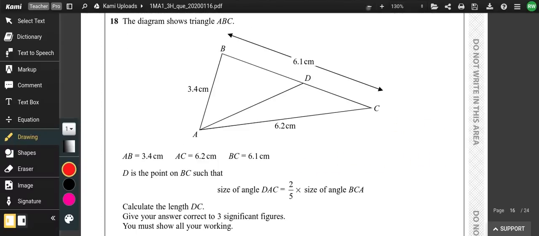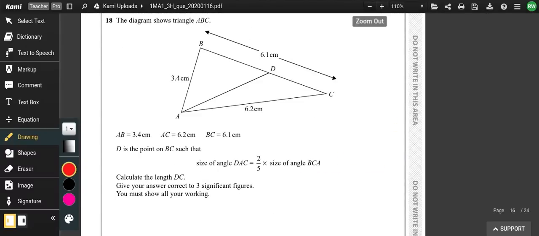Okay, diagram shows triangle ABC. D is the point on BC such that the size of angle DAC, that one in there, is 2/5 the size of angle BCA, that one there.